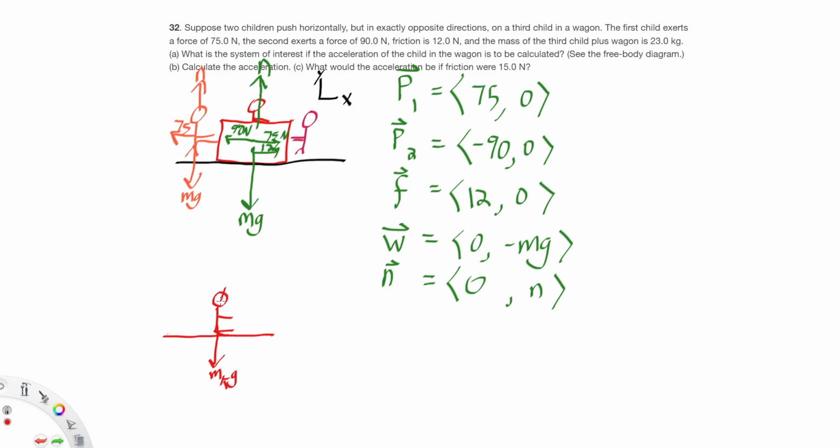The wagon is going to be exerting a normal force. This is the normal force from the wagon to the kid. So why don't we draw those in? Why aren't those important? Anyone have a guess?